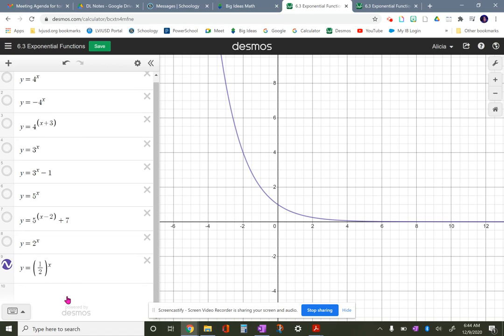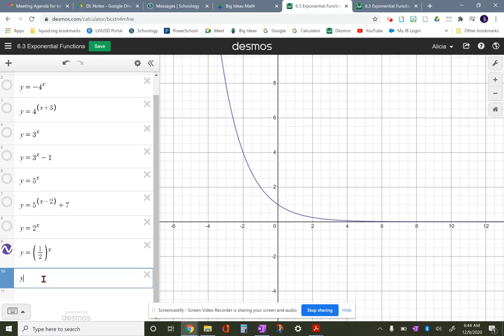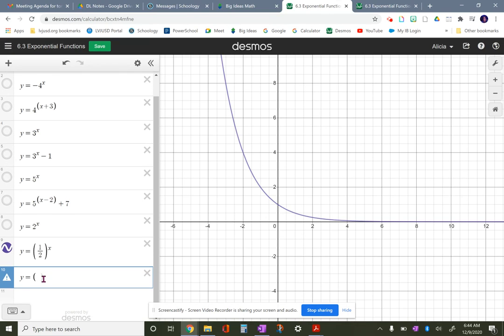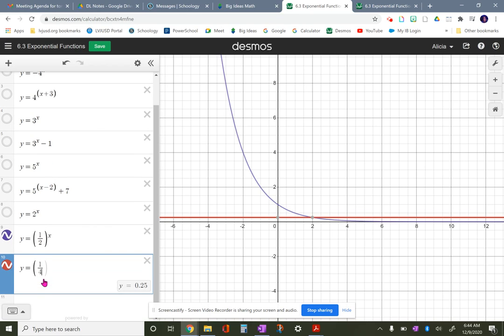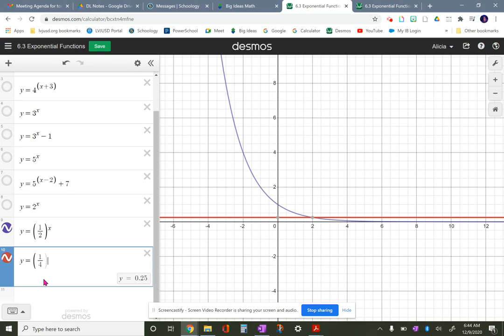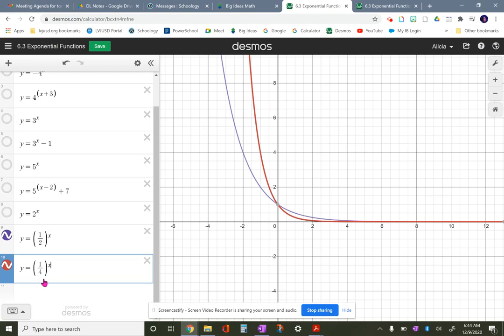Okay. And I just want to show you that if I make that base, let's see, let's do like 1/4, because that's smaller. You can see, here's the red graph. Do you see how it's steeper? I could make this fraction bigger, like make it 3/4, and you can see that it's not as steep. So the smaller the fraction, the steeper it is.